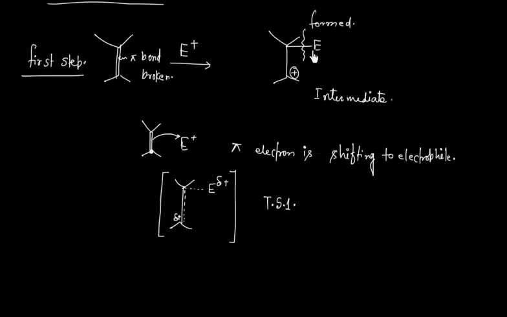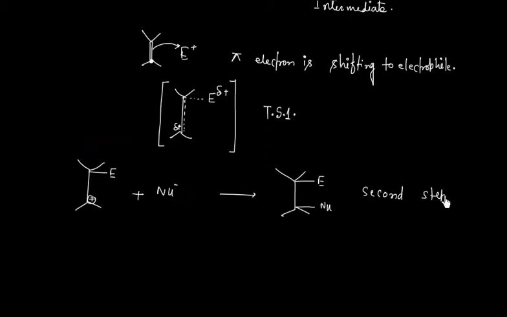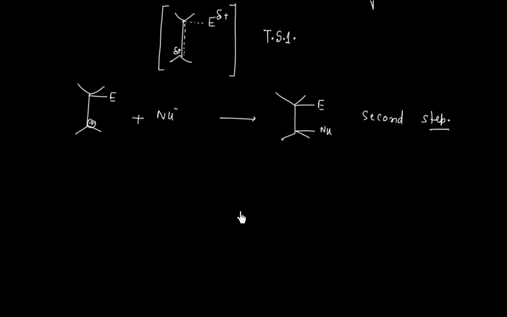In the second step, carbocation formed is attacked by nucleophile. This reacts with nucleophile and it gives addition product. So in this case we can write transition state. You see the changes. Carbon-nucleophile bond has formed.